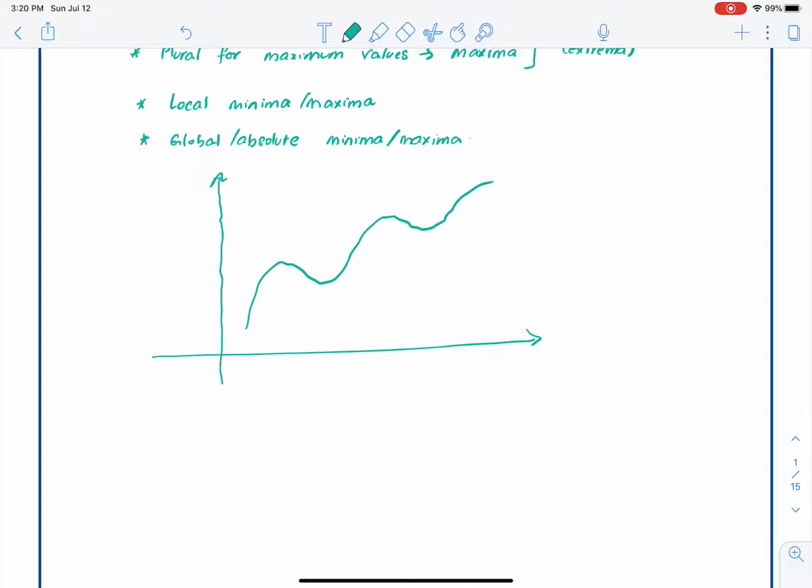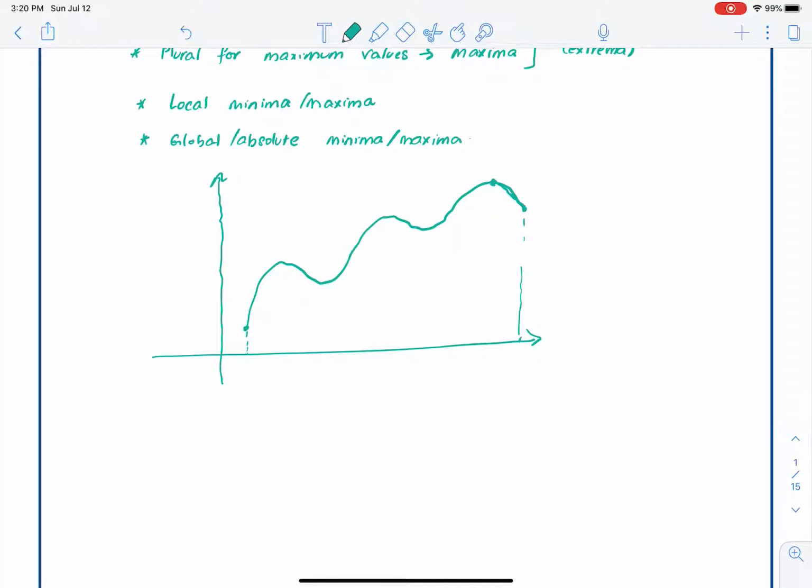Suppose I have a function of that sort, and let's say that is the domain. If you look at this function, it's bumpy, it's going up and down, up and down.